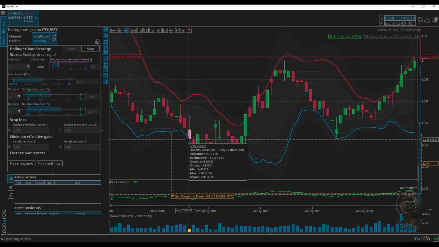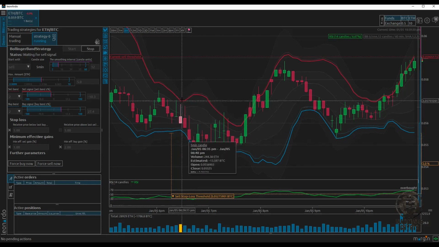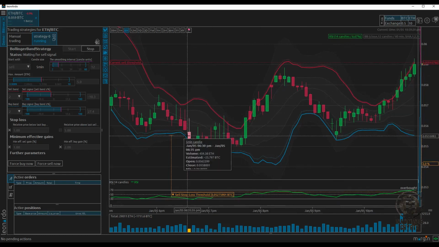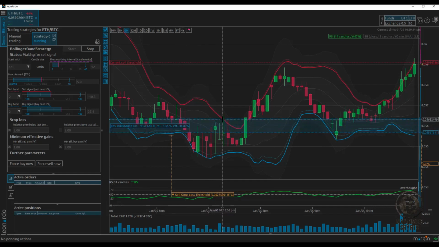So this would be the buy signal. The buy would take place here, and what this option tells me is that regardless of the upper band position, the bot would never sell this coin below the 1% profit. So if you just scroll up to reach 1%.